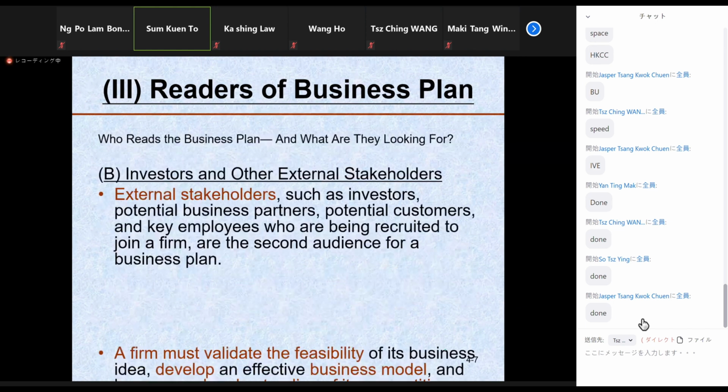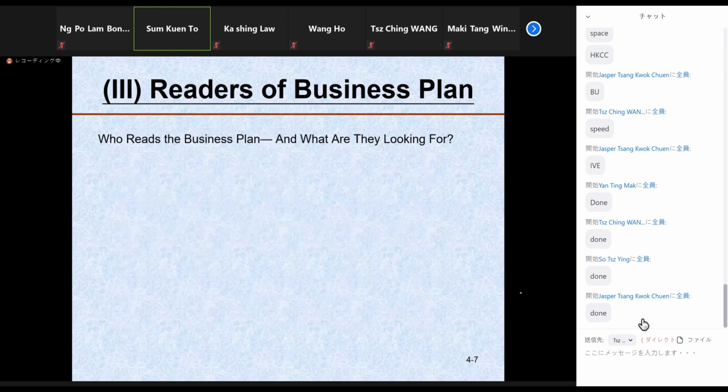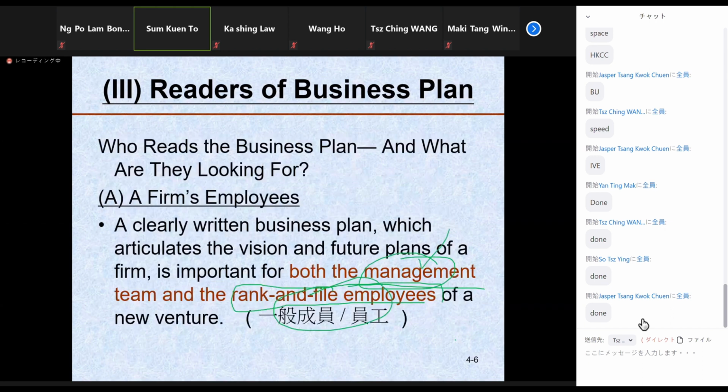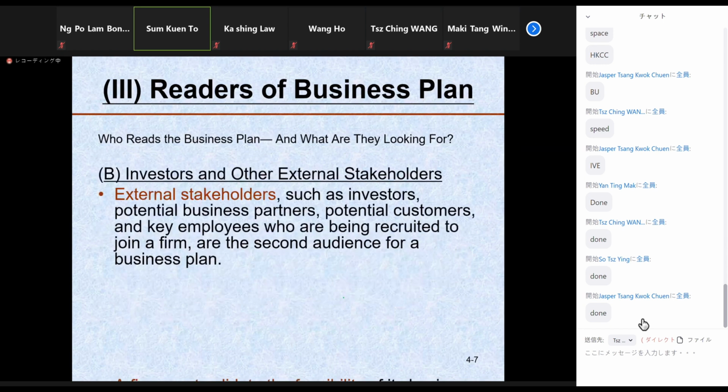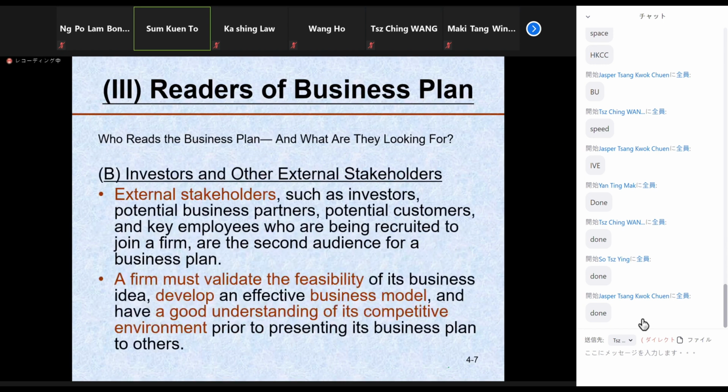And apart from internal staff, you go for external. So for external, hold on. Okay, for external, there can be many different parties. Obviously, we call it in business terms a stakeholder. Stakeholder is 持份者、利益關係人.